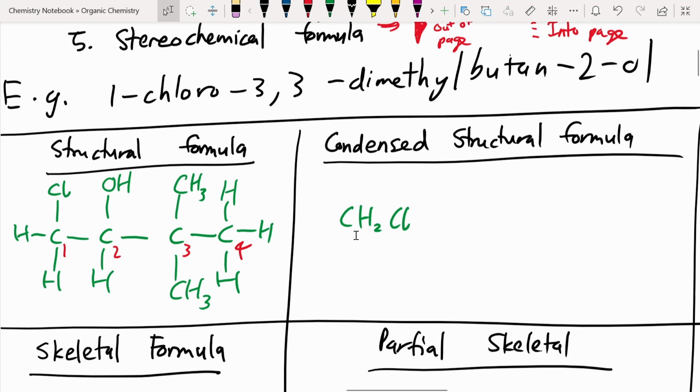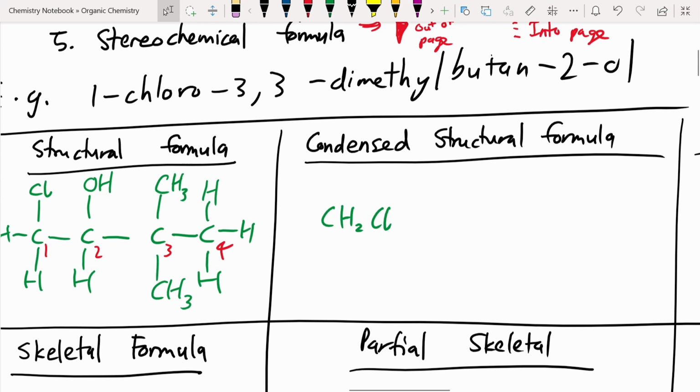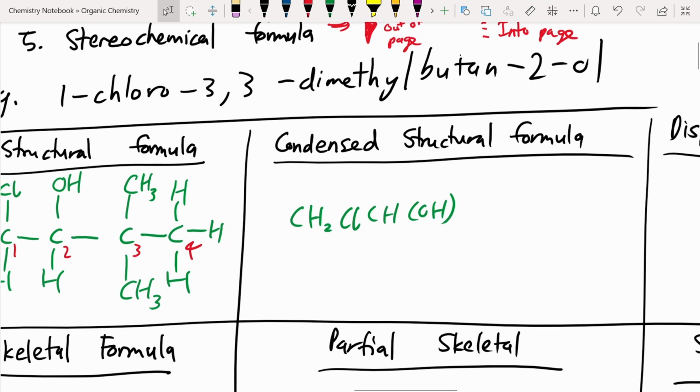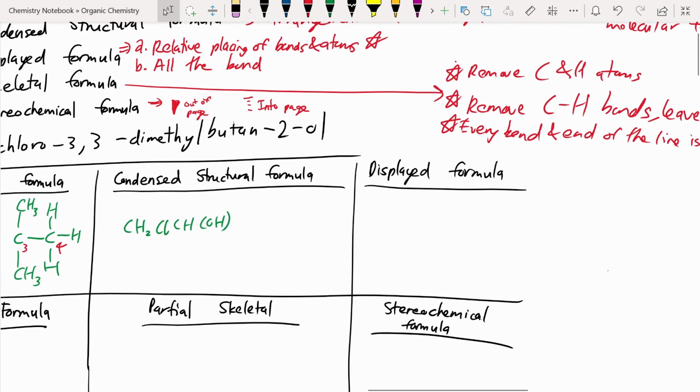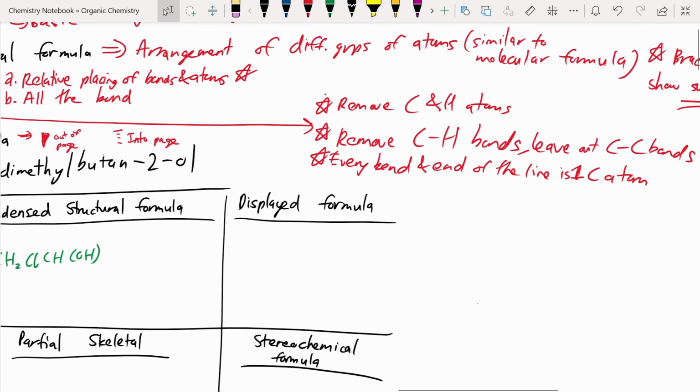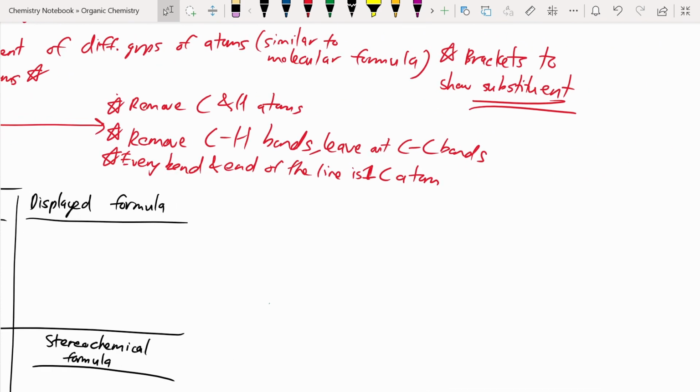Okay. Then the second one will be CH, and then an OH group. And this OH group you must bracket. For condensed structural formula, the brackets are to show the substituents.